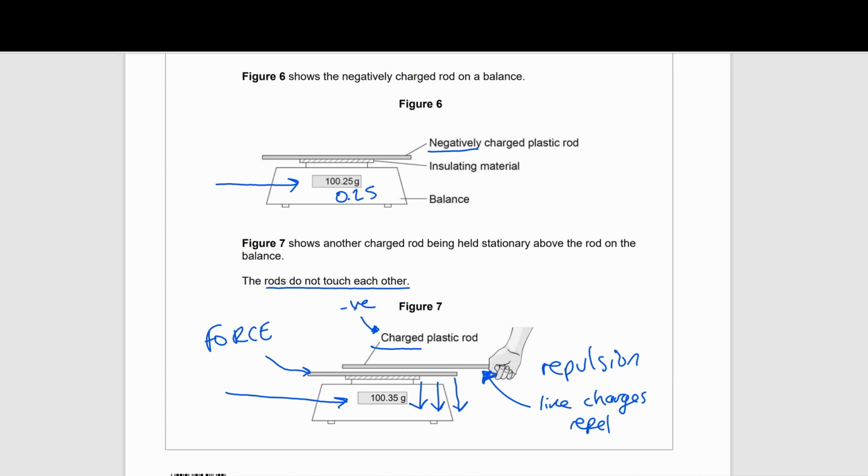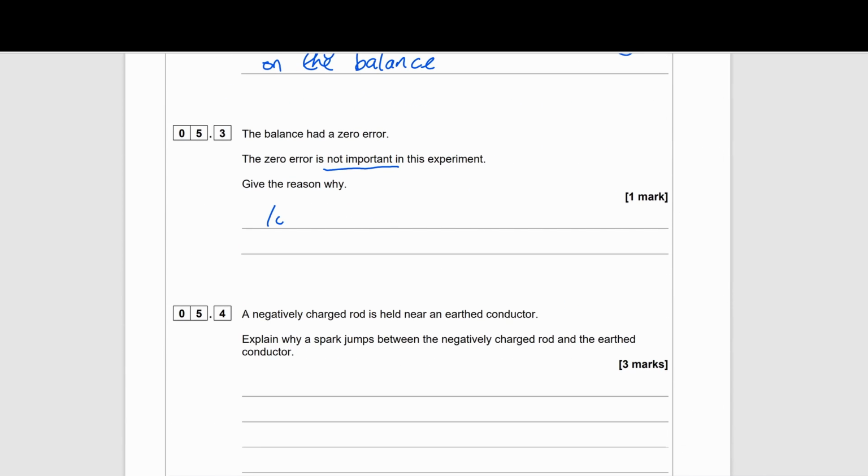What we really are interested in is looking for a difference between our balance with our rod on its own and our charged rod held. If we say that, that should give us a mark. So we're looking for a difference in the readings. So the zero error does not matter.